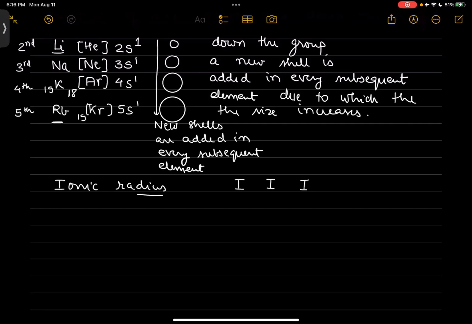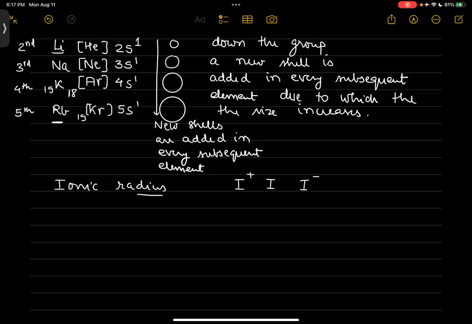If I remove an electron, what will it become, I plus or I minus? I plus, exactly. And if I add an electron, it will become I minus. Got it? More electrons, more negative charge, more repulsion. This is the neutral atom.